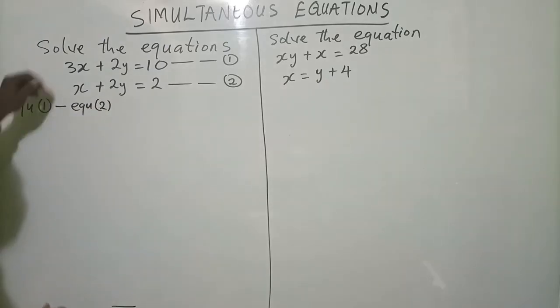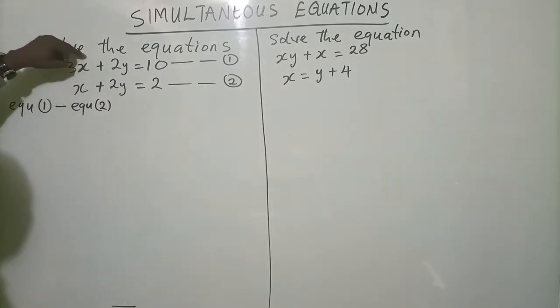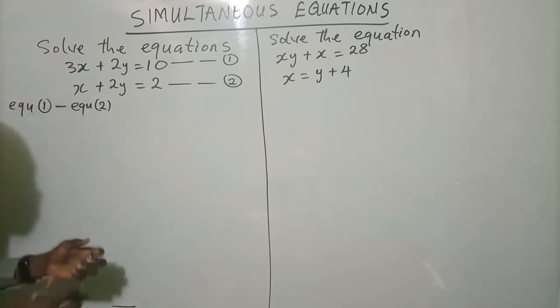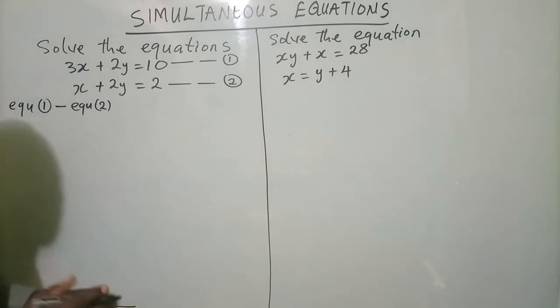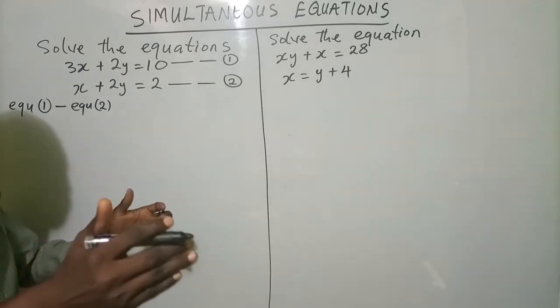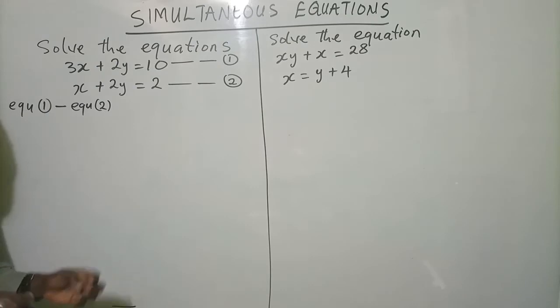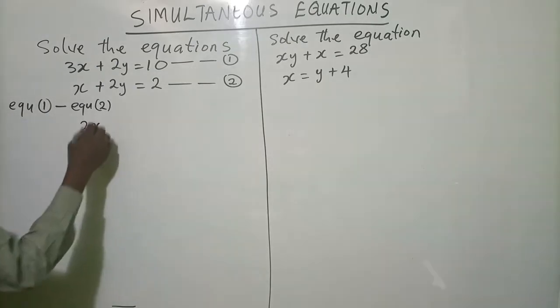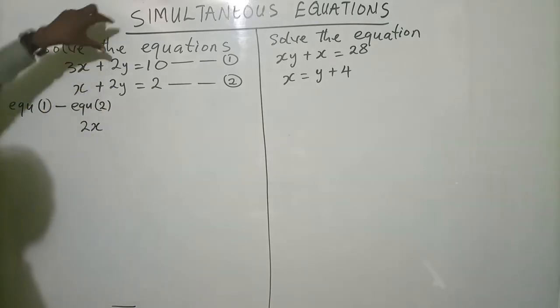What does that mean? It means this is equation 1 minus equation 2. So watch now. 3x minus x. In other words, it means you have x in 3 places. So remove one x from it. How many x will be remaining? We have 2x remaining.